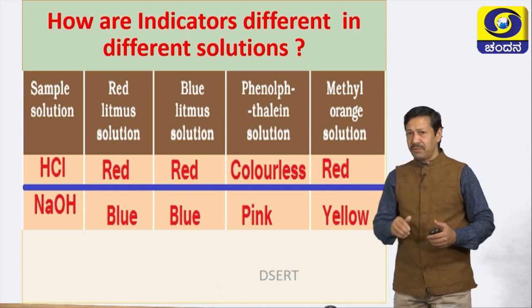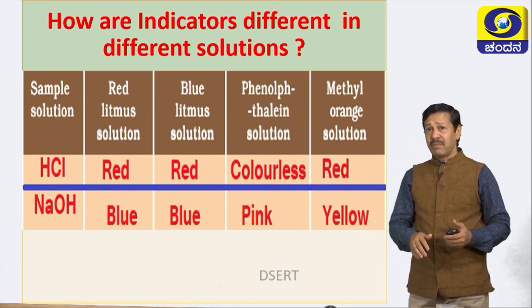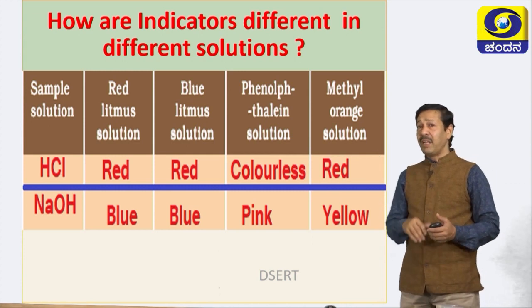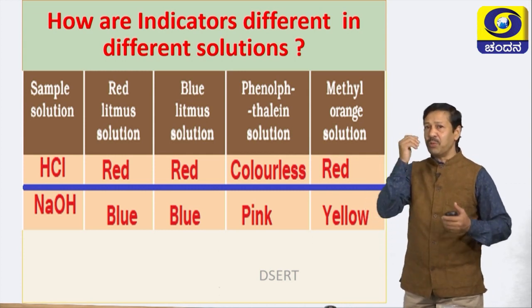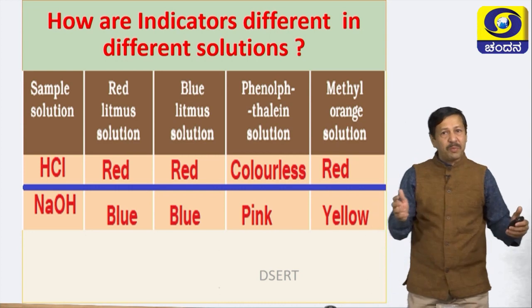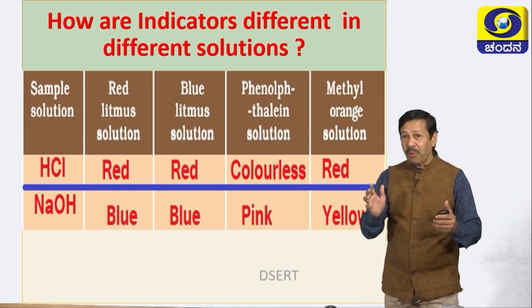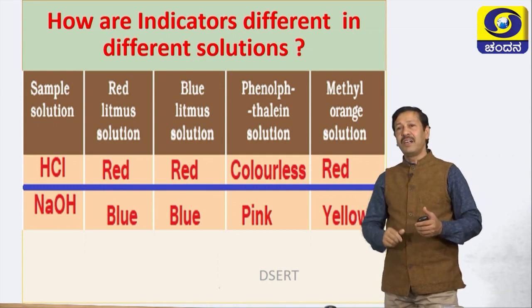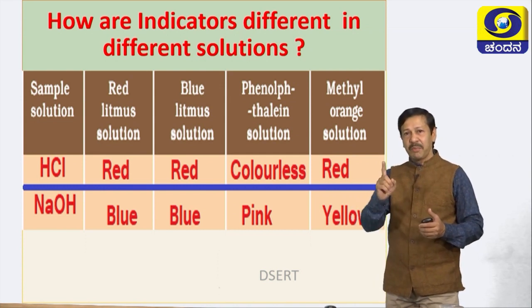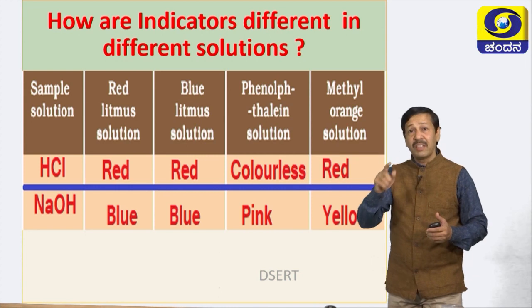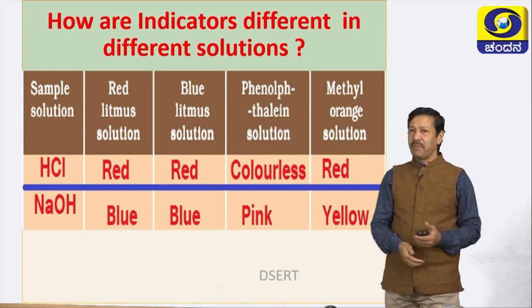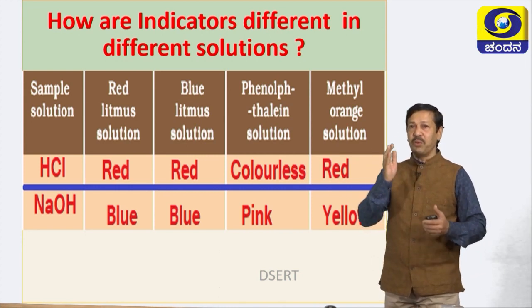Red litmus solution in acidic medium is red only, but in basic medium turns blue. Similarly, blue litmus, in acidic medium turns red, while in basic medium remains blue only.